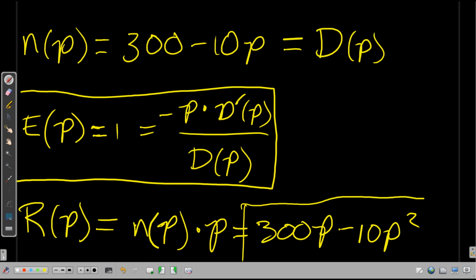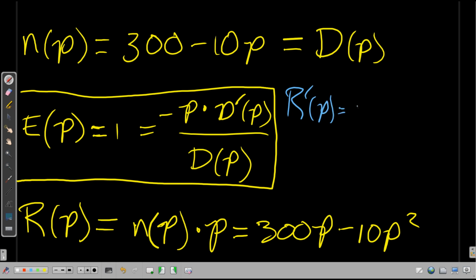We can see that it's going to be a maximum because this is a quadratic that opens downward. So then what would be that derivative function? Let me do it here off to the side.